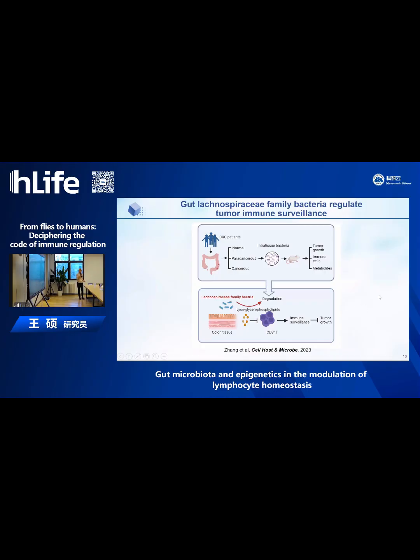To summarize this part, we found that Lactobacillus family bacteria such as Ruminococcus gnavus and Blautia can degrade the metabolites in the tumor environment, rescue CD8 T cell function, promote immune surveillance, and then inhibit tumor growth.